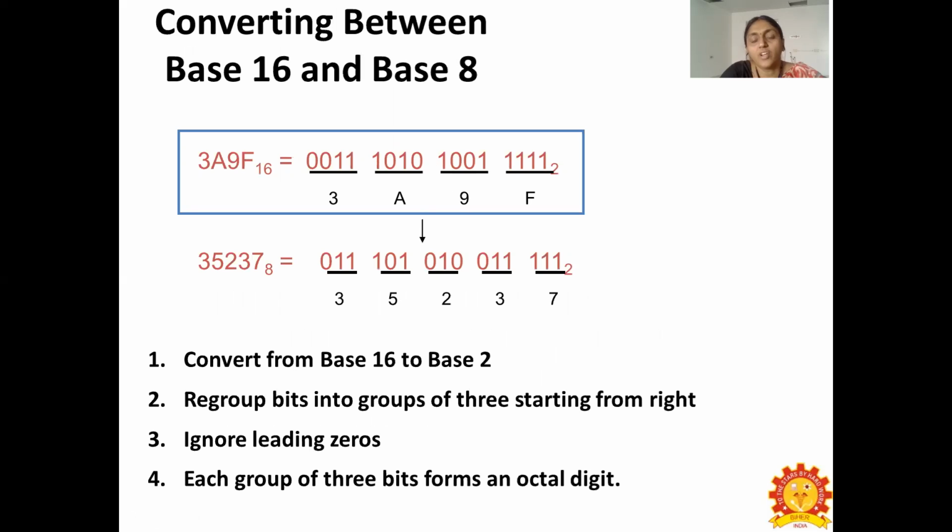So from the least significant bit, we are going to join 111 first, followed by 110, which is identified as 3, and followed by 010, which is identified as 2, and 101, which is identified as 5, and 011, which is identified as 3. So we are converting from base 16 to base 2. So here we regroup bits into groups of 3 starting from right. So here we ignore the leading zeros, and each group of 3 digits forms an octal digit.